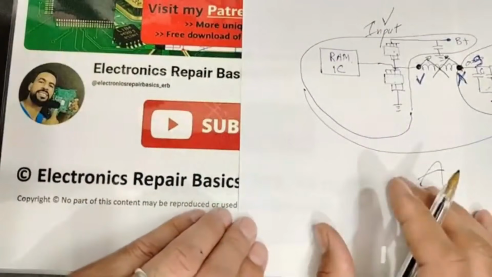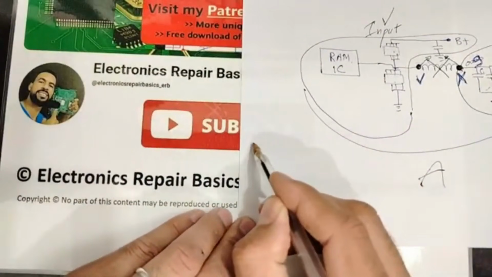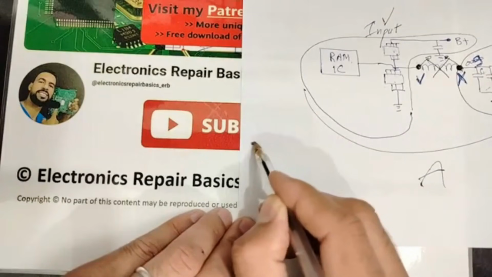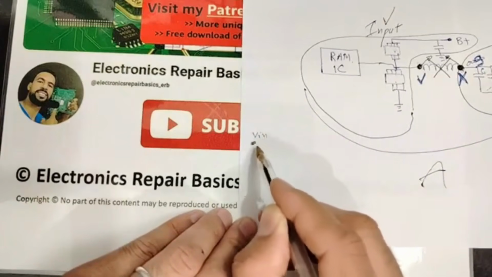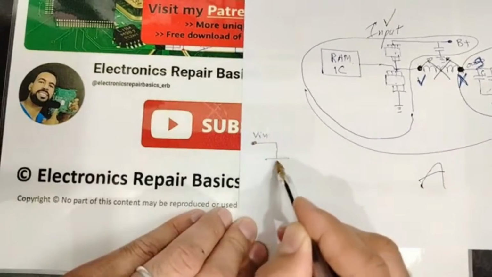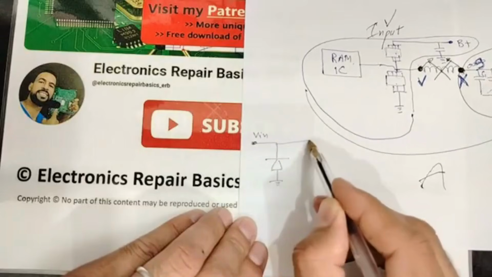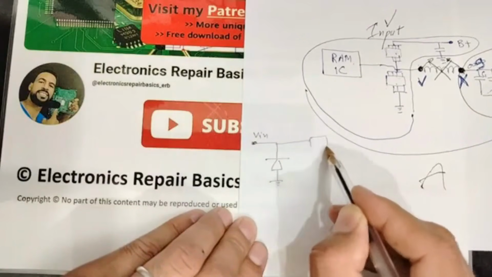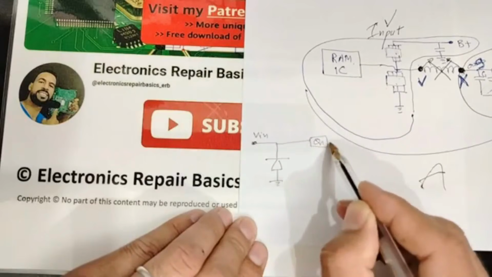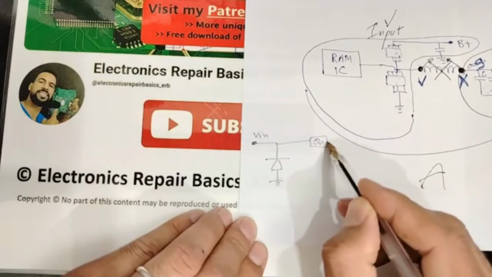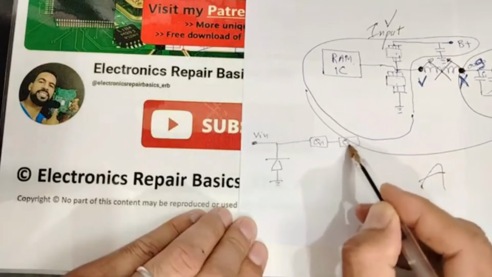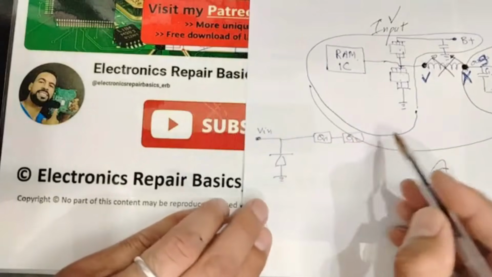Let's assume that we have here the VIN, okay? Then here we have a diode for protection. After that, we have, for example, Q1, two MOSFETs, another MOSFET here, Q2, okay, my friends?